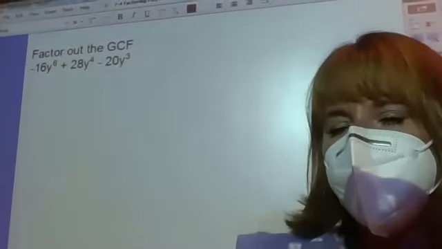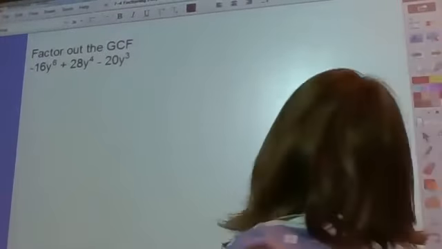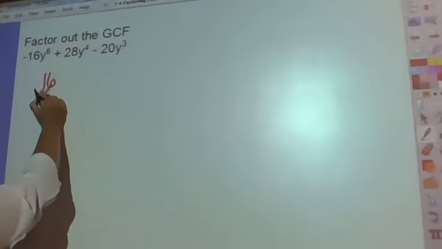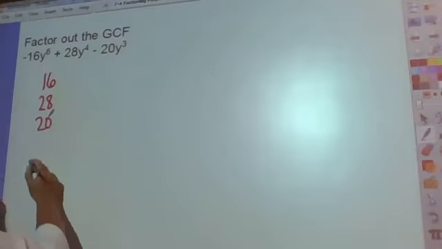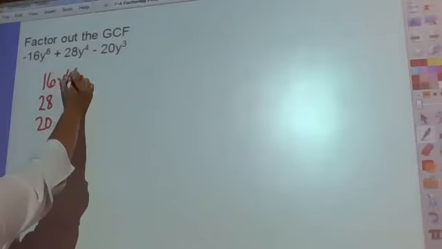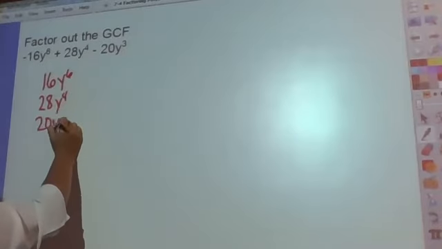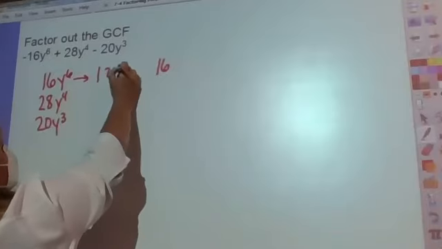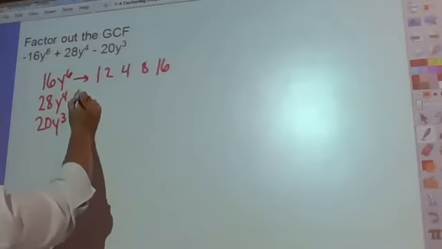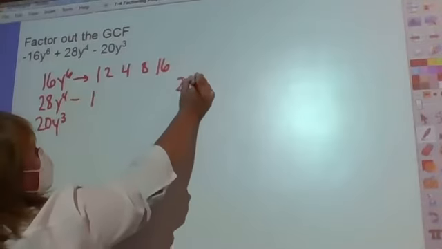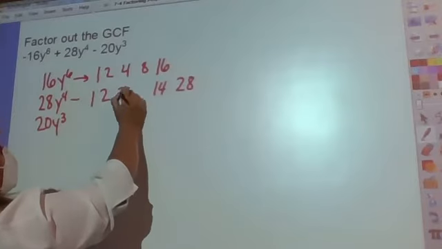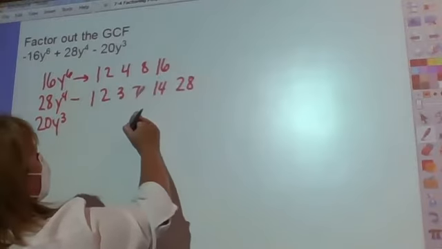All right, the first step is to find the greatest common factor. We need the greatest common factor of 16, 28, and 20, and of y to the 6th, y to the 4th, and y to the 3rd. 16 is 1 times 16, 2 times 8, and 4 times 4. 28 is 1 times 28, 2 times 14, and 4 and 7.